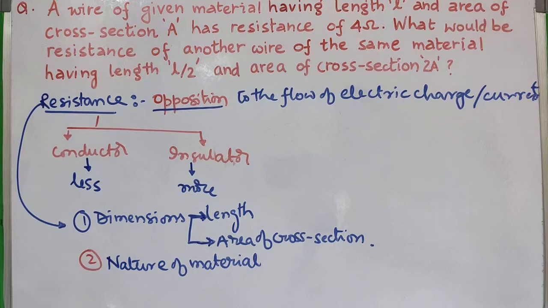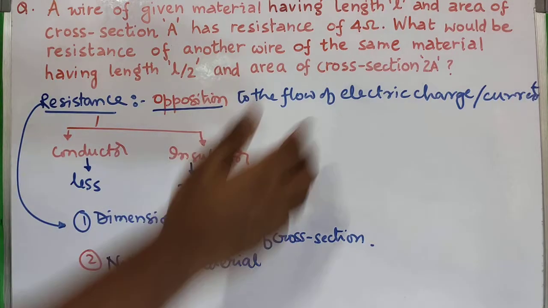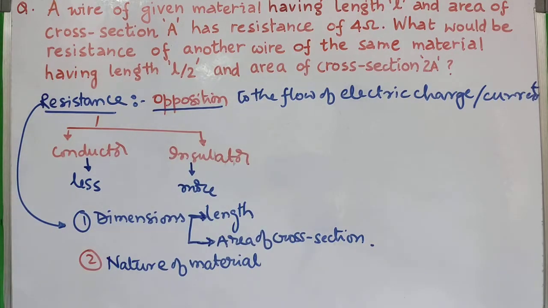Different elements, different compounds show different behavior, and their behavior to the electric charge is also different. When you look at the molecular level, you will understand why someone is showing more opposition, why someone is showing less opposition. For that you have to go through the molecular level, which is not in the scope of this discussion. So nature of material also plays an important role.